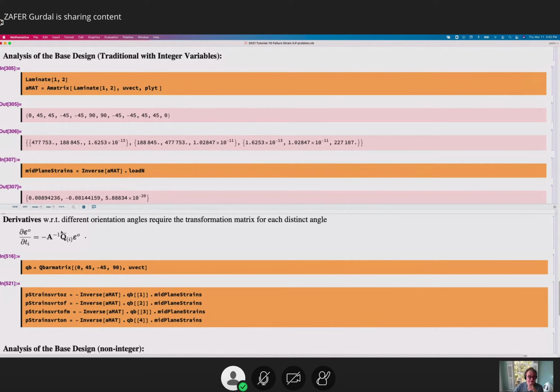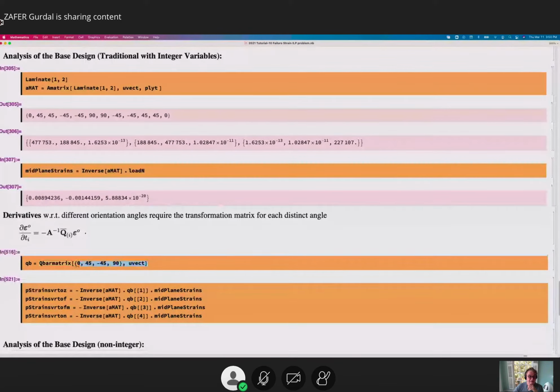So that means I need 4 different Q bar matrices, one for the 0-degree ply, and one for the 45-degree ply, and one for the minus 45-degree ply, which is going to be very similar to the 45, with one difference in the 1, 3, and 2, 3 terms, and the 90-degree ply.